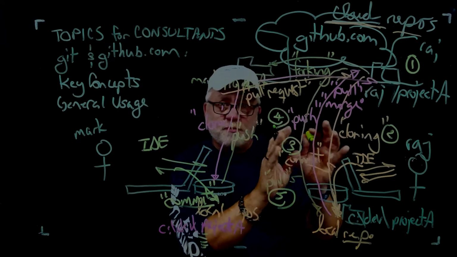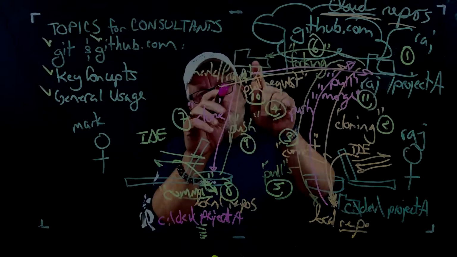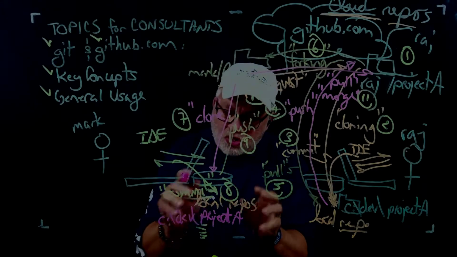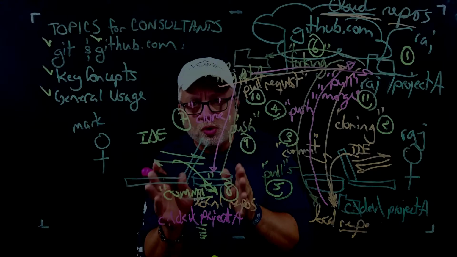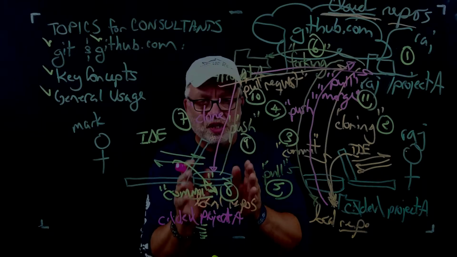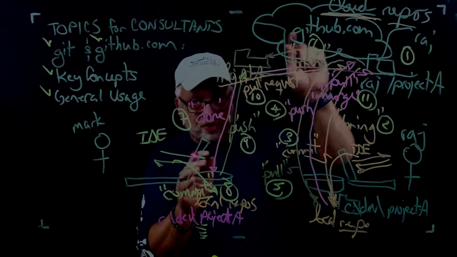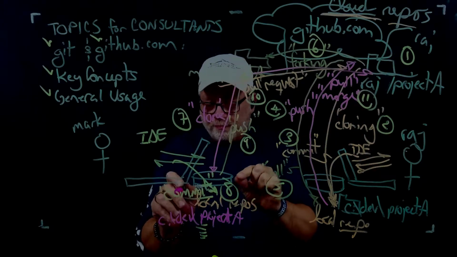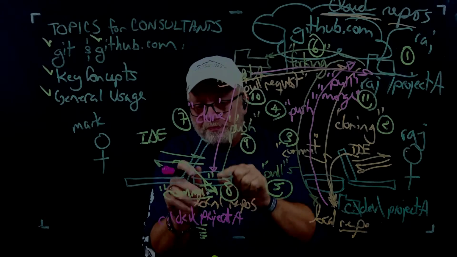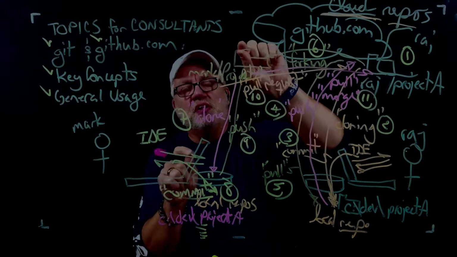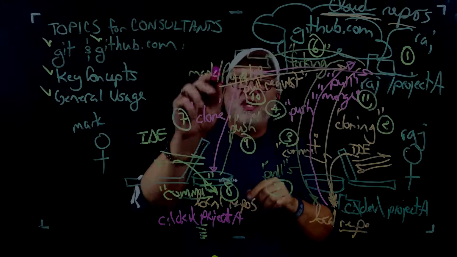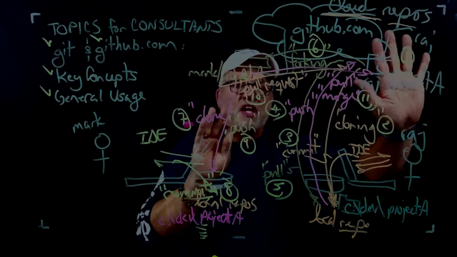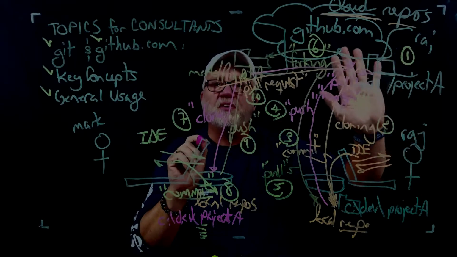But at the same time, what Mark did was bring his own copy down, clone it, make changes locally to his own local copy of that forked repository from Raj, pushes changes to his cloud repository, and now we end up with two repositories here, local and remote, that used to be copies of Raj's over here, but now they're not.